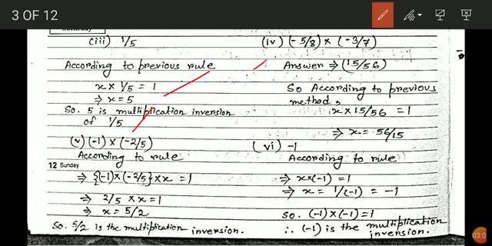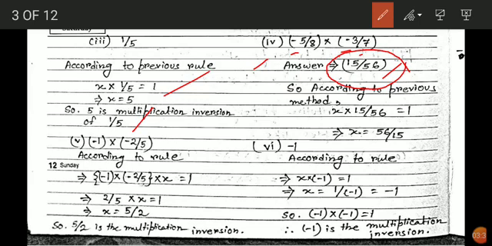Next is question number 4, minus 5 by 8 into minus 3 by 7. If I multiply, the result will be positive, because the negative sign and negative sign become positive, and 5 into 3 equals 15, and 8 into 7 equals 56. Now I have to find the multiplicative inverse of this number.